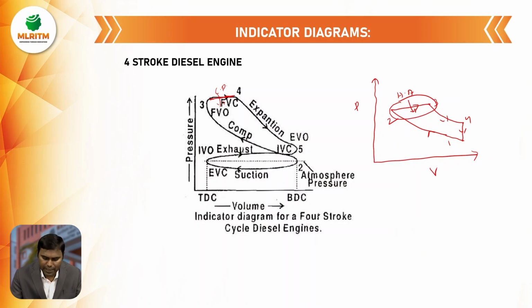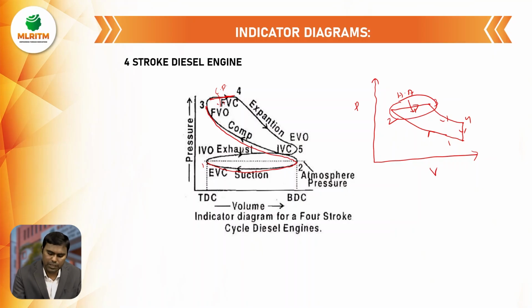If you observe the actual diagram, 1 to 2 is the suction stroke. Here the pressure is less than the atmospheric pressure, and 2 to 3 is the compression stroke. The charge air is compressed in the compression stroke. Then here fuel is injected with the help of the fuel injector.